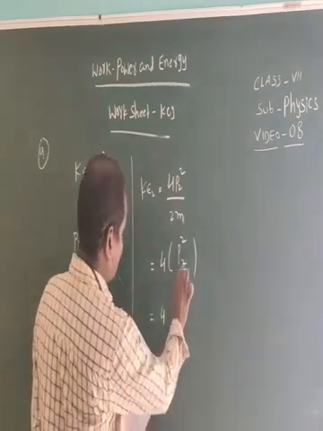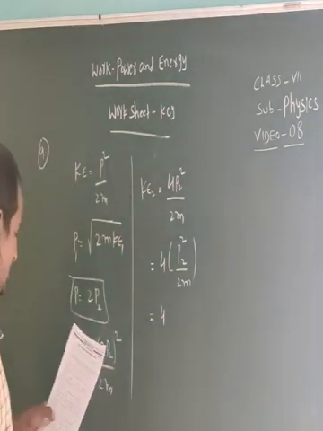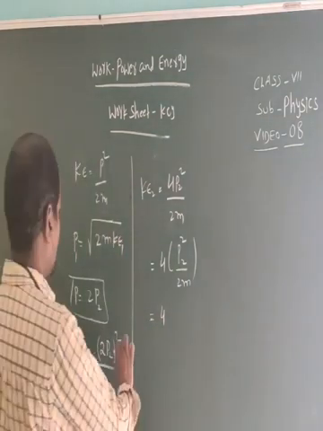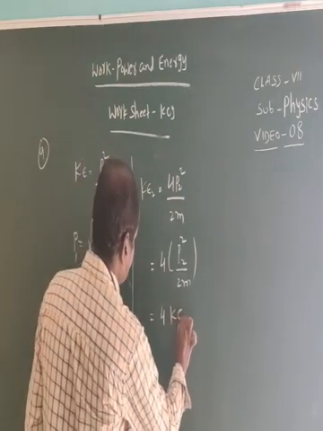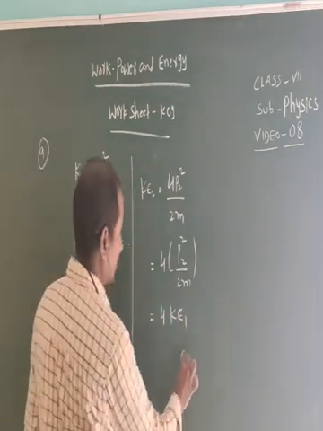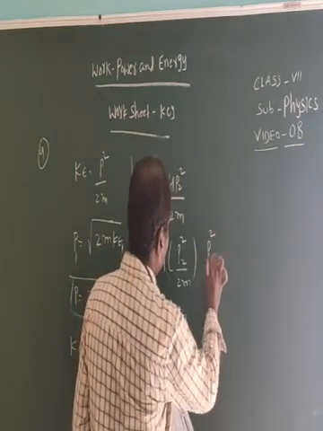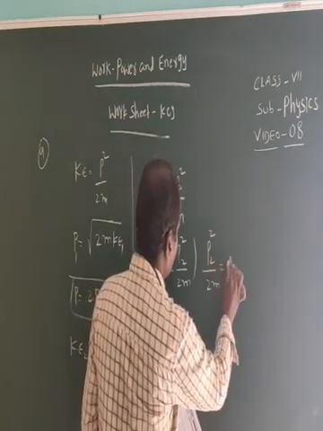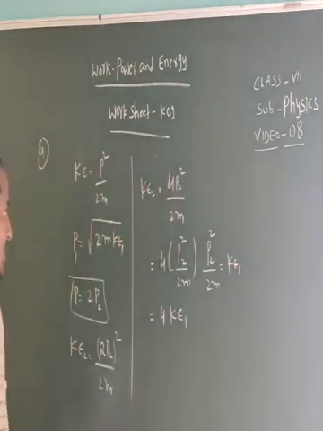We can write 4 into P1 square by 2m, which is nothing but K1. So P1 square by 2m equals K1.